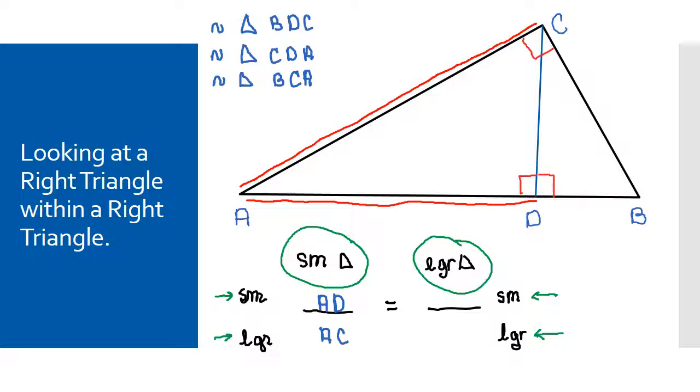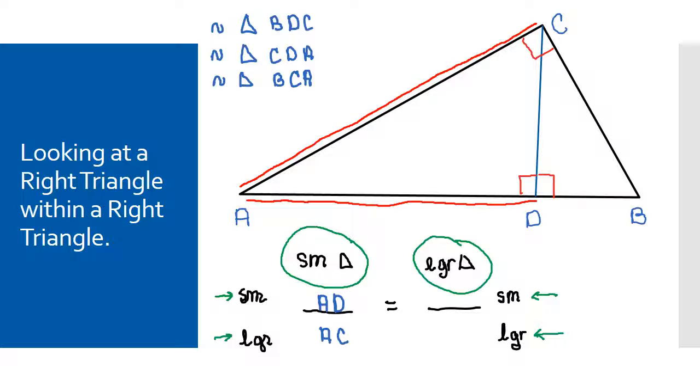Not only does this go with triangles, but sometimes you get shapes like a tree to a tree or a flagpole to a larger flagpole. And from that, there's always some sort of right triangle, and you're able to match the proportionalities.